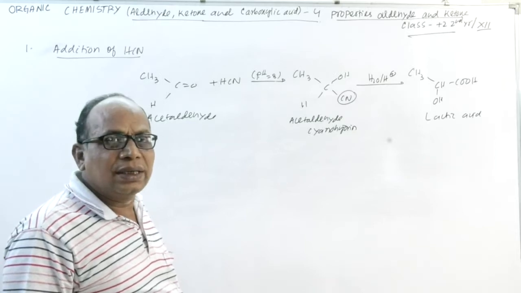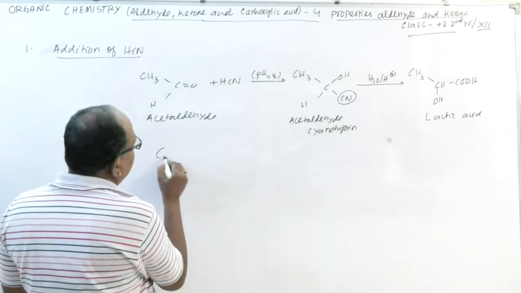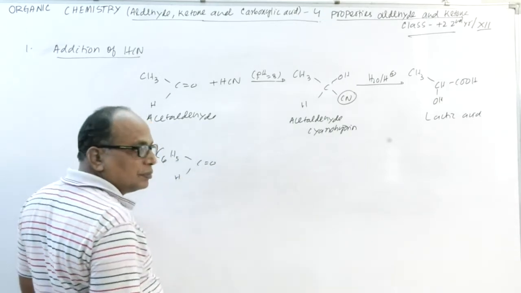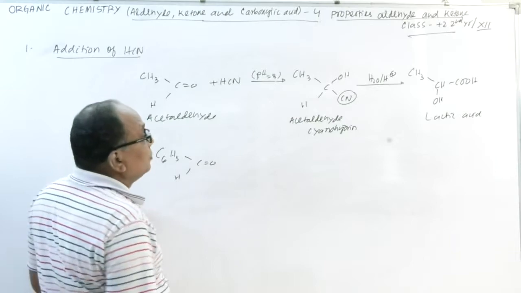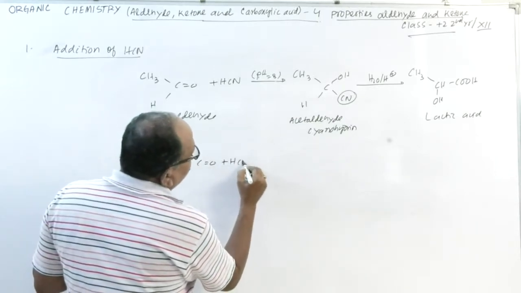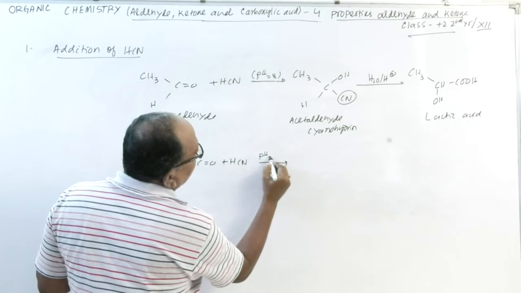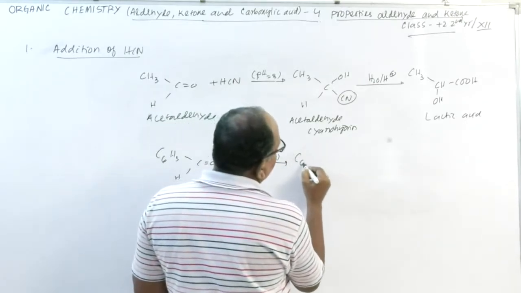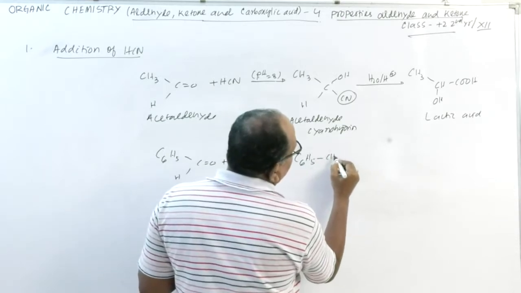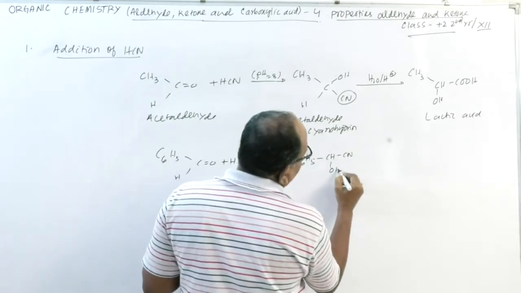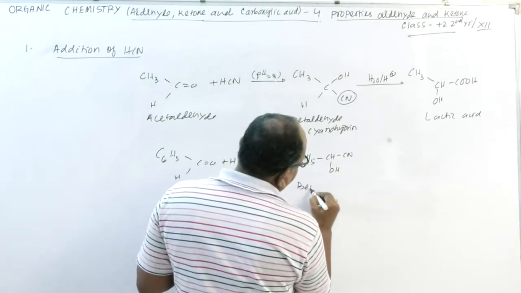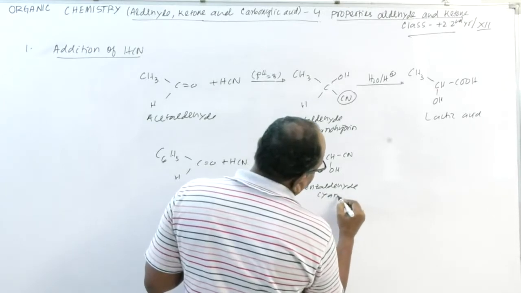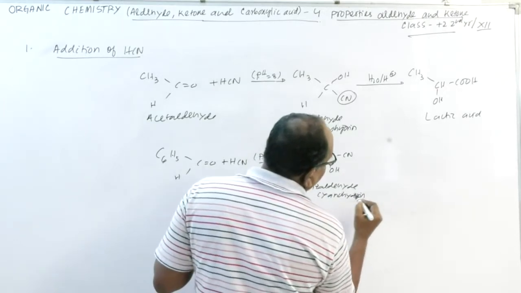Okay, students. Suppose you take benzaldehyde, C6H5CHO. When added with HCN at pH 8, it gives you C6H5CH(OH)CN. This is called benzaldehyde cyanohydrin.